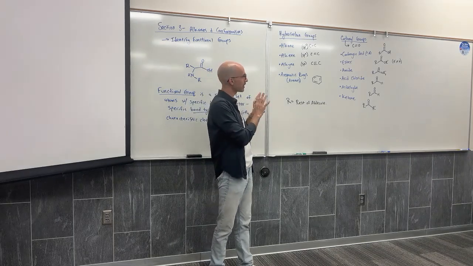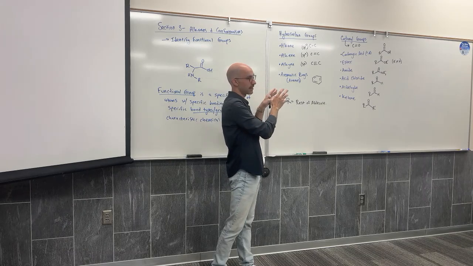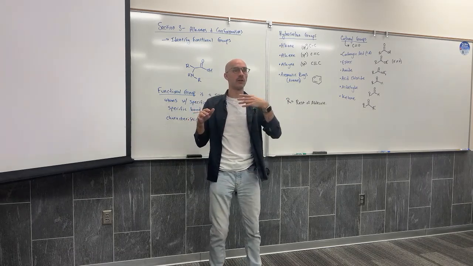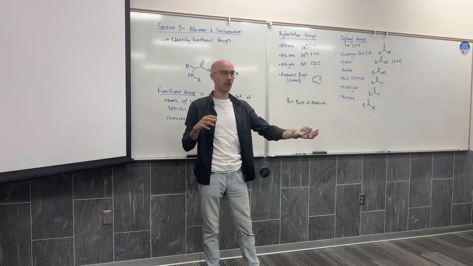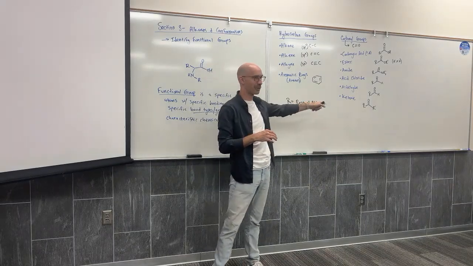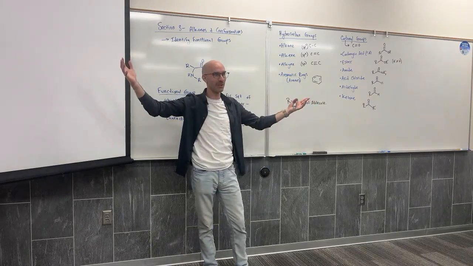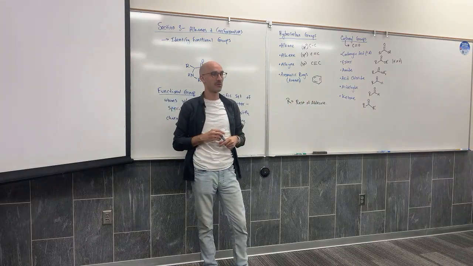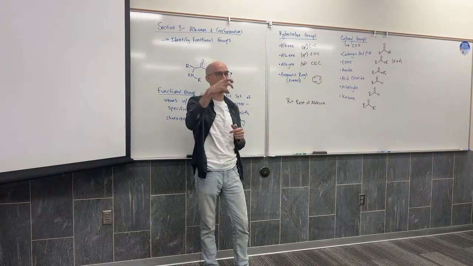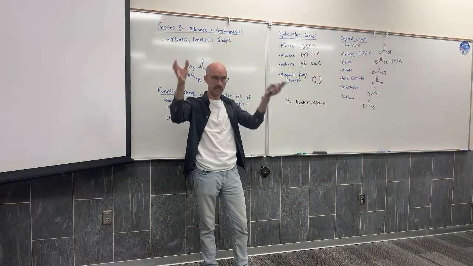And I don't necessarily encourage you to memorize these generic forms so much as I encourage you to apply these generic forms to molecules that you see. Because when that R group becomes the rest of a molecule, it can look really different. So you need to be familiar with pulling these bonding groups out of a molecule, distinguishing it from the rest of the structure.